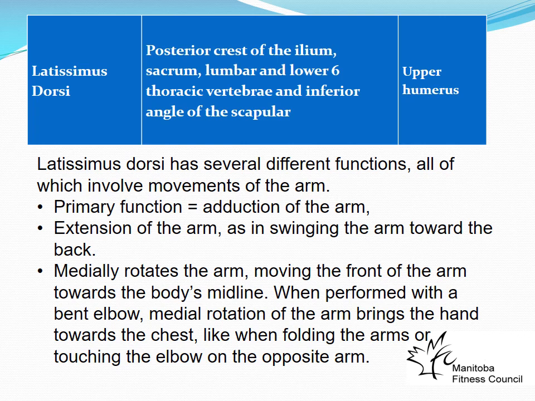Because of where they are both attached to the humerus, they will both be able to medially rotate the humerus. Their other functions are where they differ. The latissimus dorsi will extend the shoulder, whereas a pec major will flex the shoulder and horizontally adduct as well.